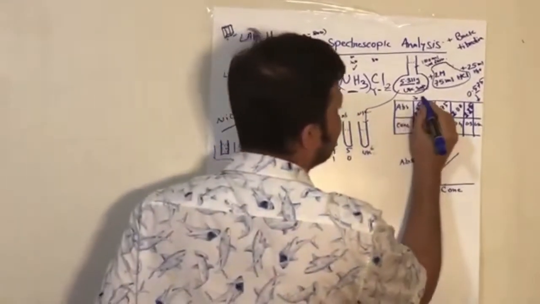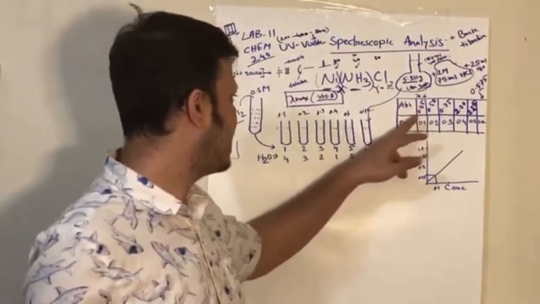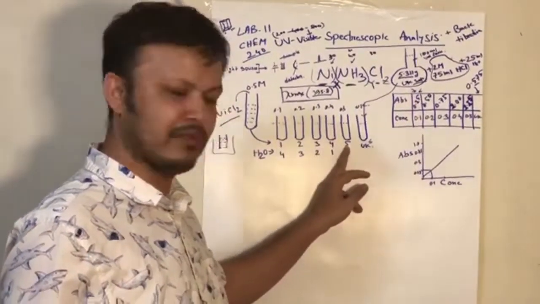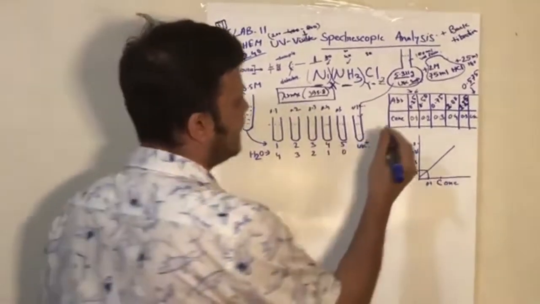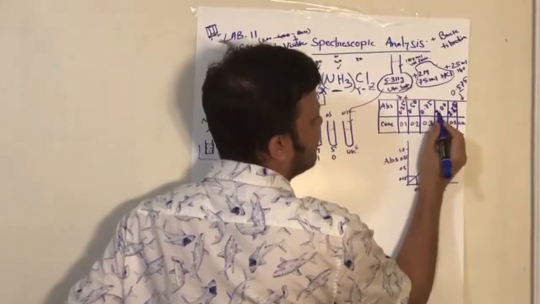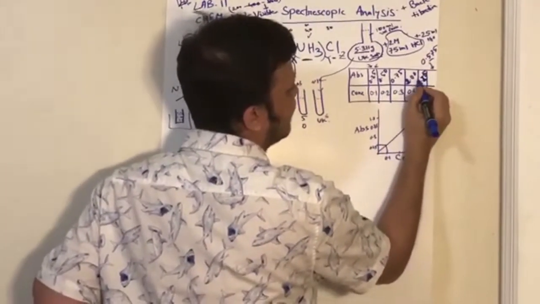Suppose the absorbance is 0.25. I gave you the data, 0.25. The same way you are going to do it for the 2, 3, 4 and 5, and for those you are getting absorbance data of 0.5, 0.75, 1.00 and 1.25. This is 1.25.